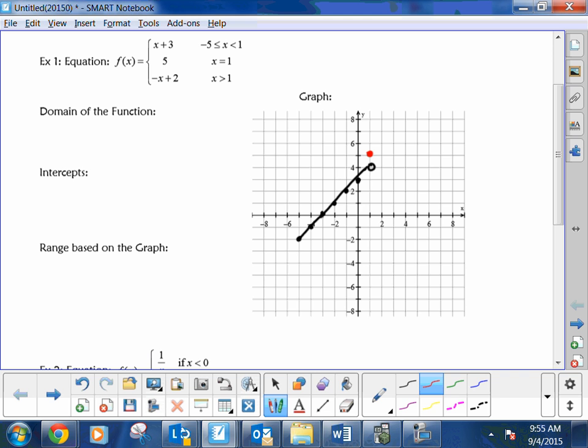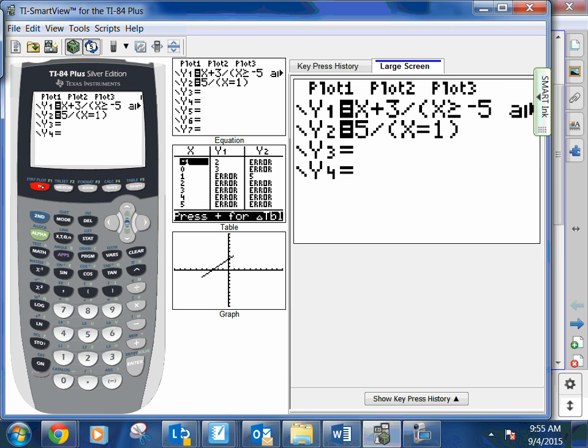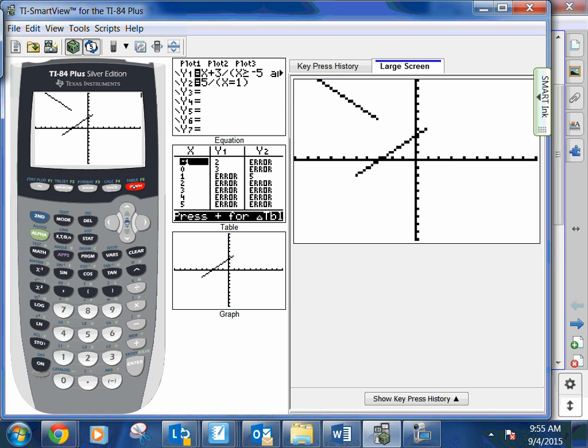The last one normally would have been y equals -x plus 2. And normally this line will look like this, a line that goes all the way down, right? A negative slope line.